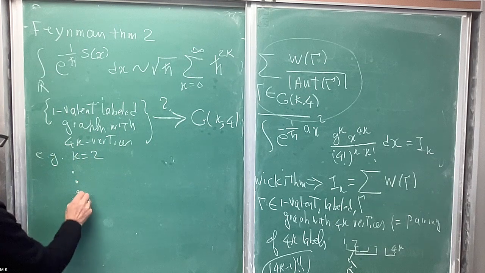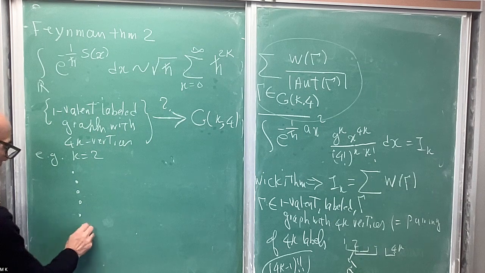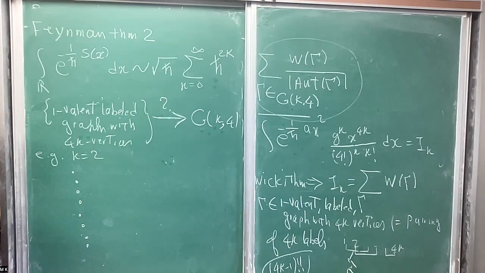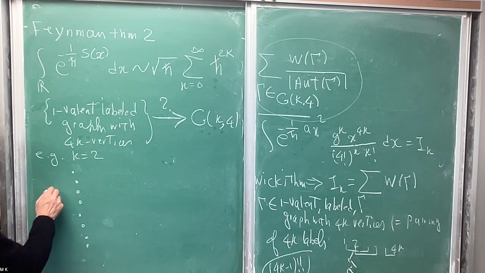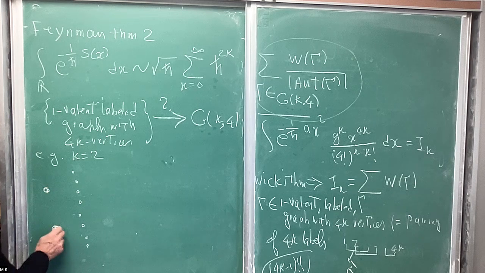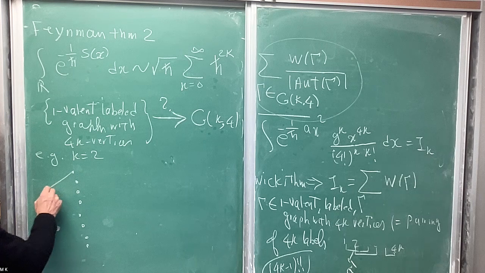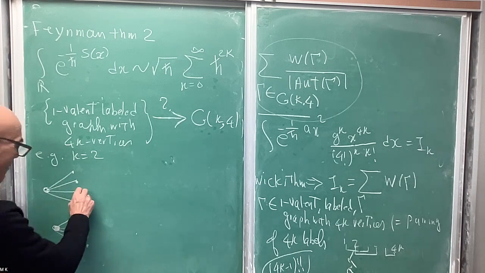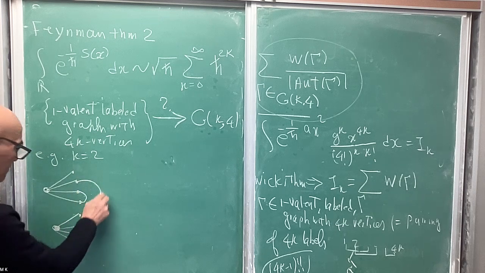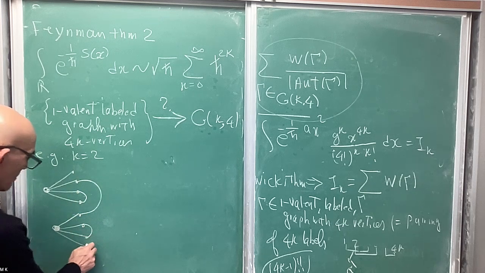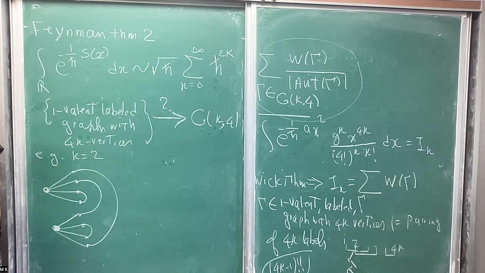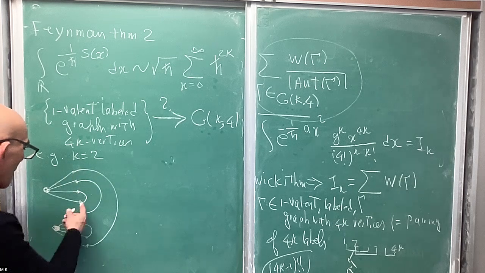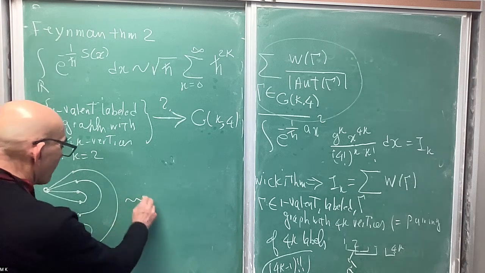So we have 8 labeled vertices, and we want to do pairings of this thing. The idea is that we create 4-valent nodes and we connect all these things to this next set of nodes, vertices. So when you have pairings like this, you do get a graph.